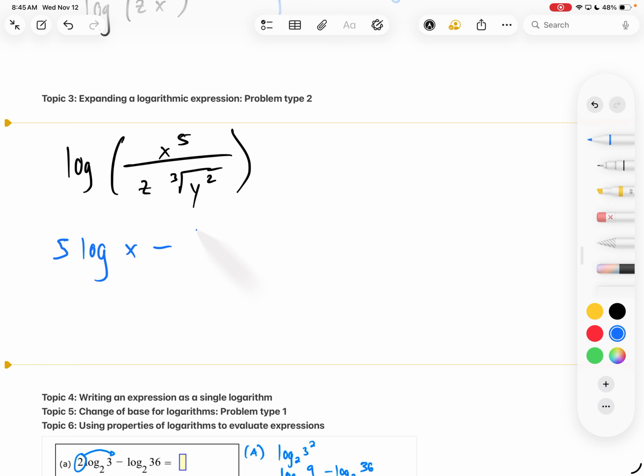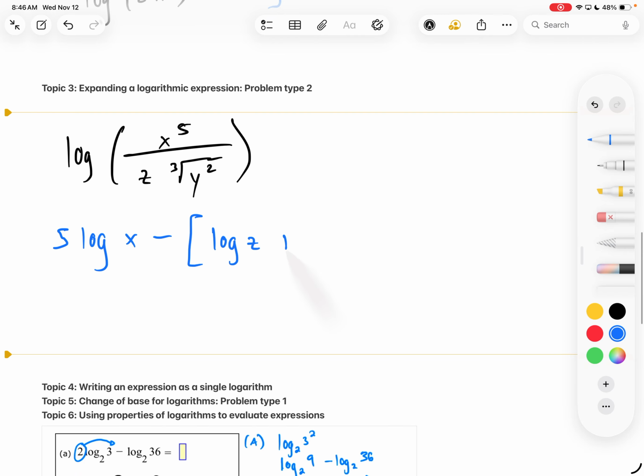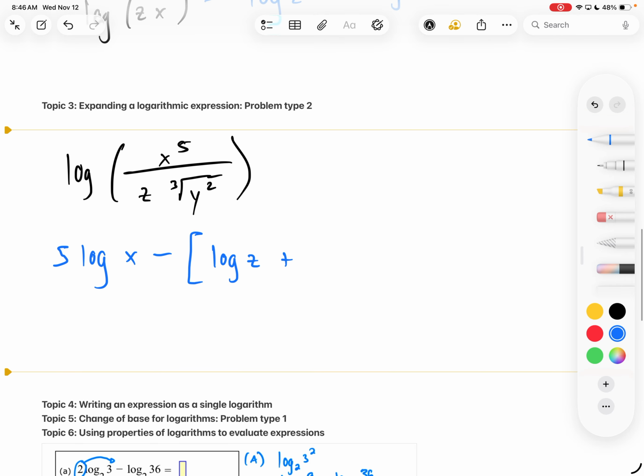Minus, now this is where you got to be careful. I'm going to put a bracket right here because I have several things on the denominator. So I do a bracket, a log base z, but then it's times this cube root of y squared. So I'm going to do plus, how could I rewrite this to be just an exponent? 1/3.